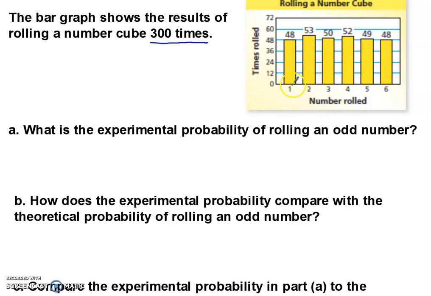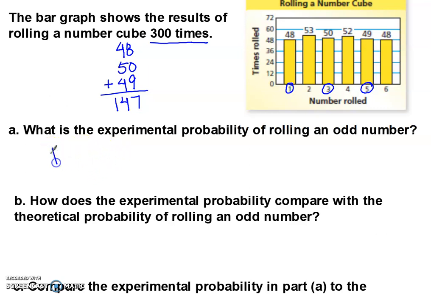Okay, so rolling odd. 1 is odd, 3 is odd, and 5 is odd. How many times did they roll an odd? 48 times for a 1, 50 for 3, 49 for 5, and I'm adding. Feel free to use a calculator there, and when you add it up, you're going to get 147. It says, what is the experimental probability of rolling an odd?